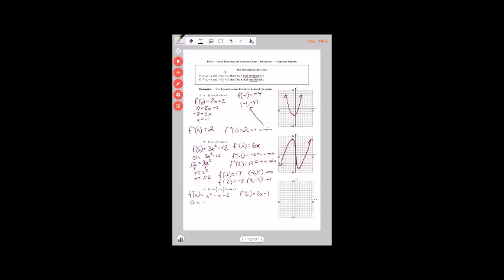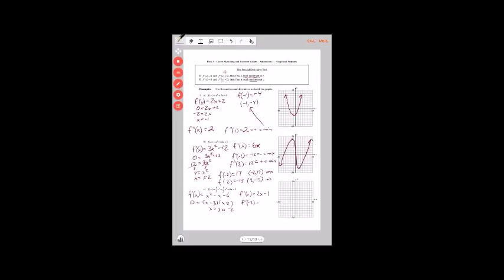Okay, so the first derivative equals 0 when we factor this. So we get x minus 3 times x plus 2. So then x equals 3 or negative 2. Okay, so those are the critical values. So then we go f double prime of negative 2.